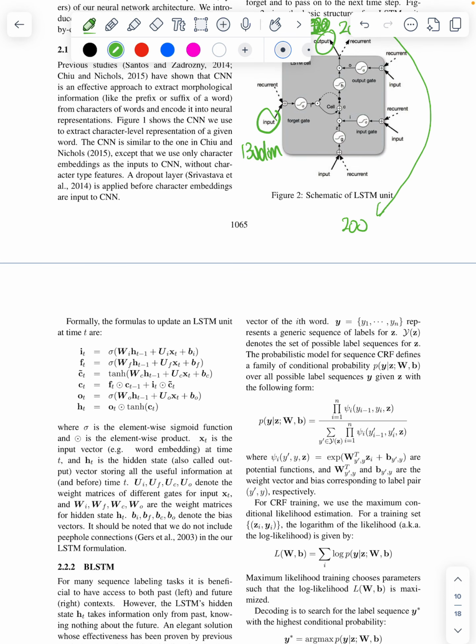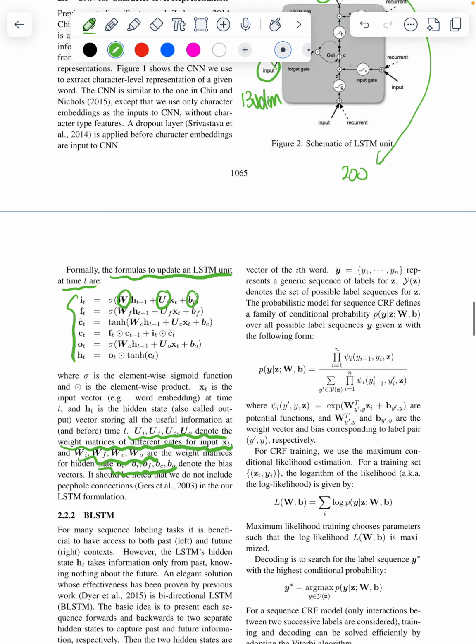Generally, the formulas to update the LSTM at time t are these. These are matrices that you update via backpropagation. This is the bias vector. These denote the weight matrices of different gates for input xt, and these are the weight matrices for the hidden state. These denote the bias vectors.